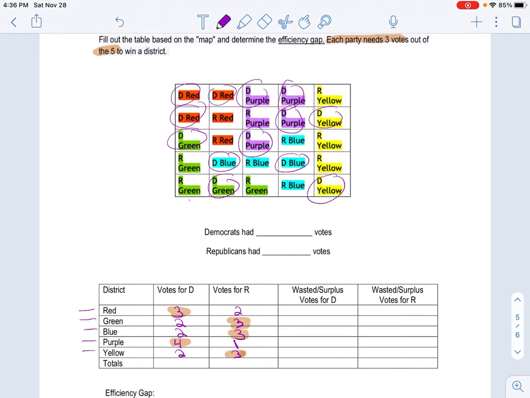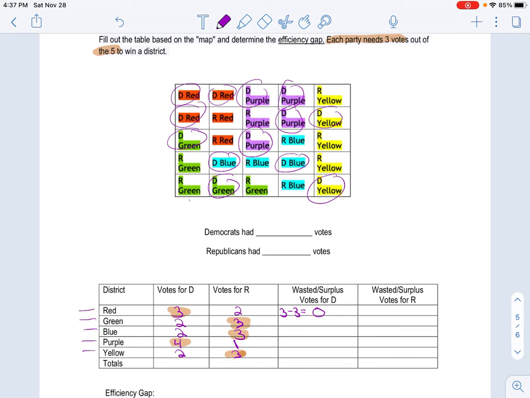Now let's figure out how many surplus votes there were. Now remember, we only need 3 to win. So the fact that Democrats for the red district got 3, none were wasted. The reason for that is we only need 3 to win, and we take what they actually won and we take away the 3 and we get 0.